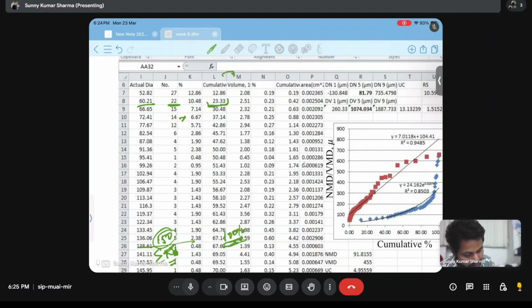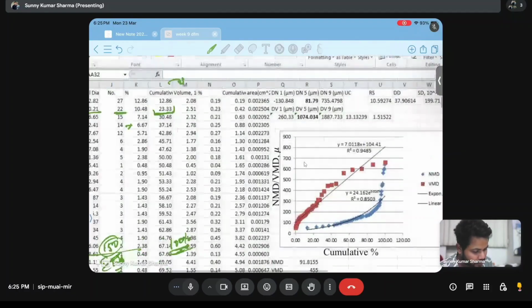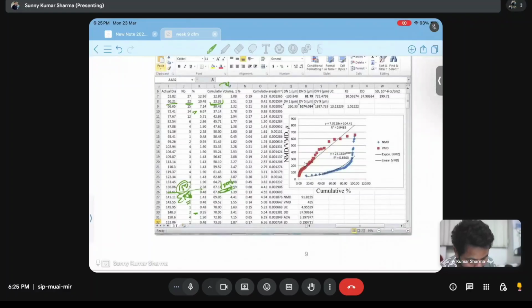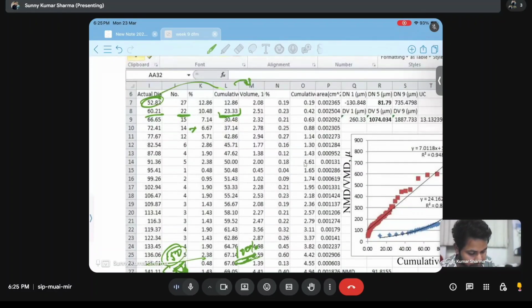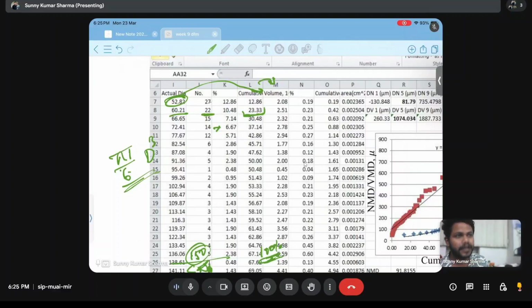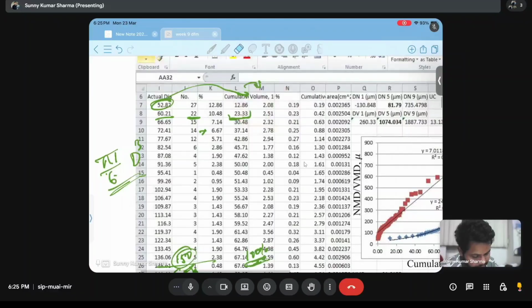And the next thing is the calculation of volume. For volume we have a formula. Suppose this is the diameter of a sphere, what is the volume formula? It is pi by 6 d cube, the volume of a sphere, that we will use, and we will get this volume. Next, we find what percentage this volume is of the total volume collected.